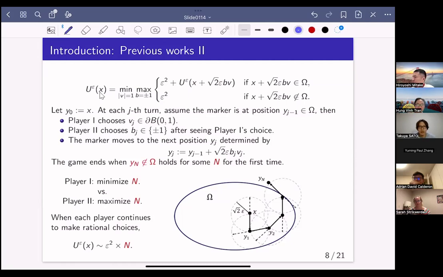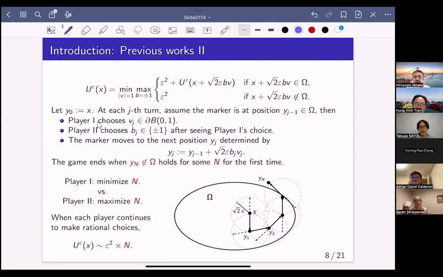For each epsilon and point x, at first we let y_0 equal x, and we put a marker at point y_0, which is the starting point. For each j-th turn, the marker is at position y_{j-1}.